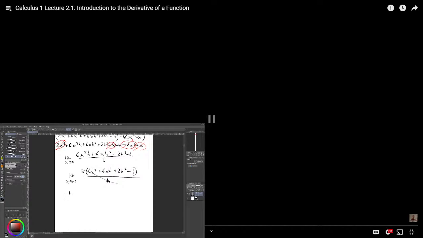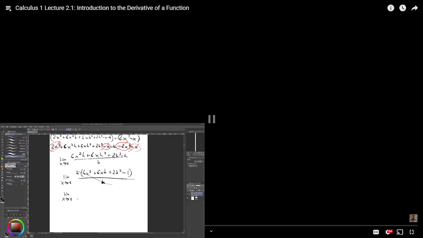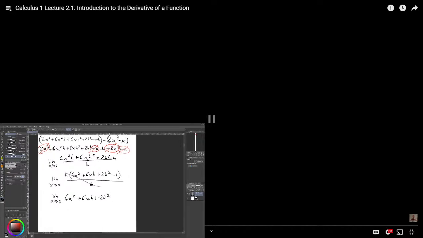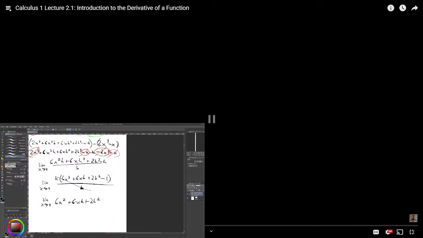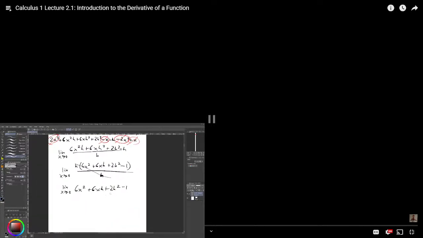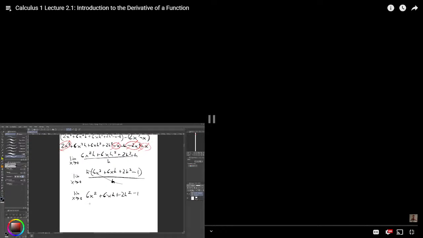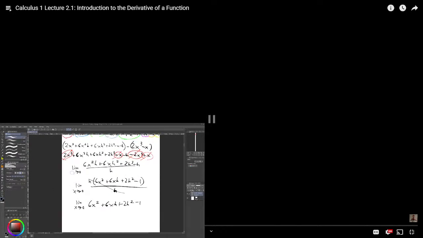Okay, let's cancel out. 6x squared plus 6xh plus 2h squared minus 1. Wait, this is as h approaches 0, not x.